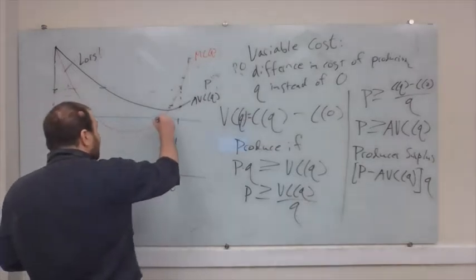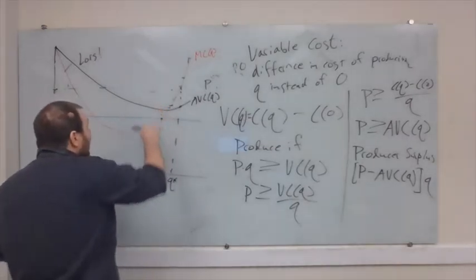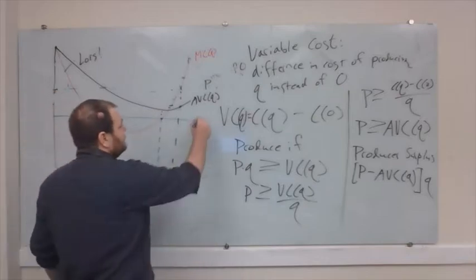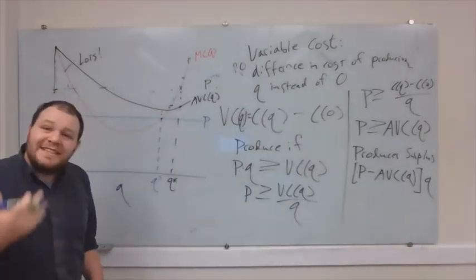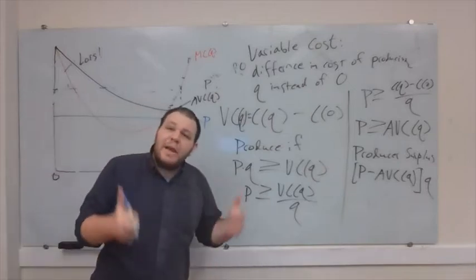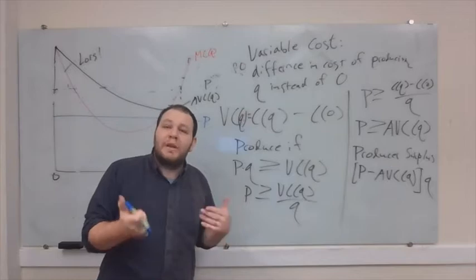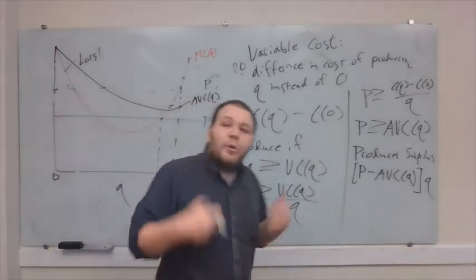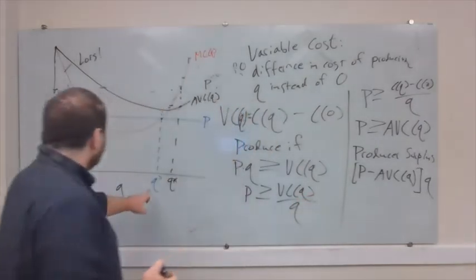But at Q prime, we can see that our average variable cost is greater than our price. In other words, the amount that we're paying to produce each unit is greater than the amount that each unit brings in revenue, which tells us that our producer surplus is negative, and we're better off producing 0 than producing Q prime.